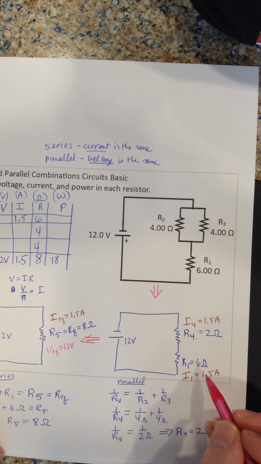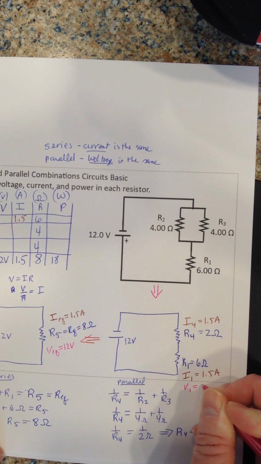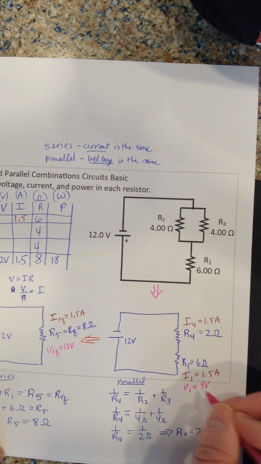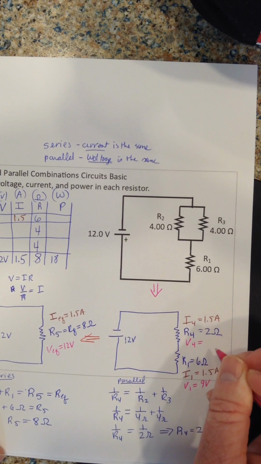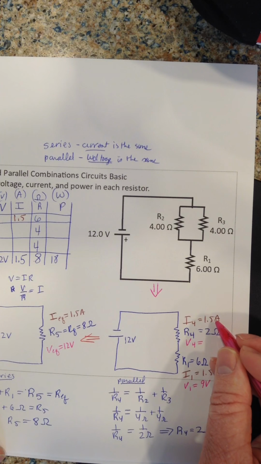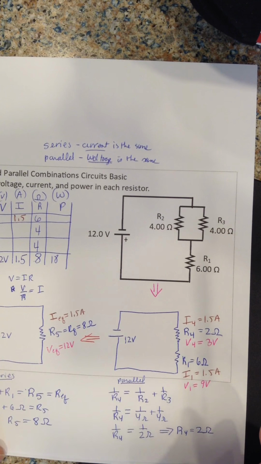So V1 is 9 volts, 6 times 1.5 is 9 volts, and V4 is 1.5 times 2, so it's 3 volts.